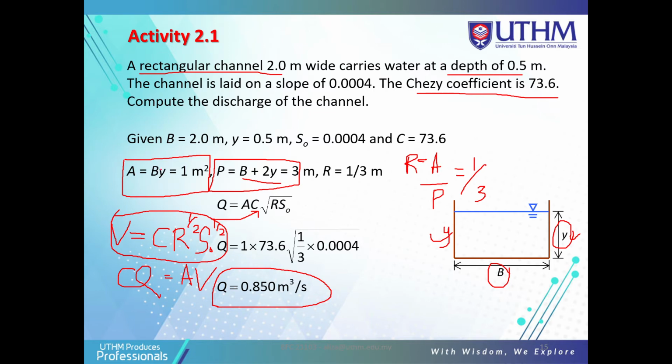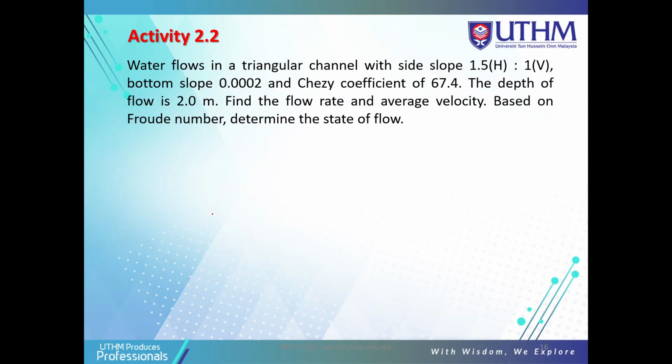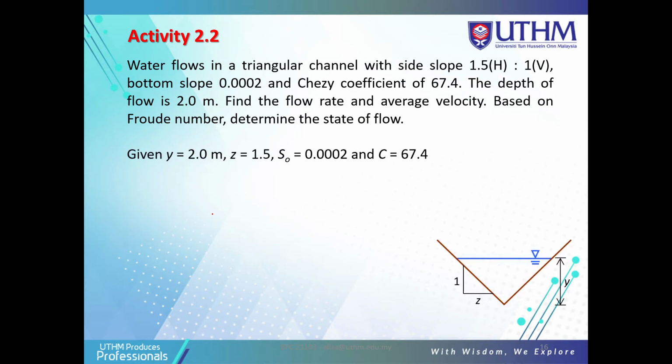We must get the area from the equation in chapter 1, and in chapter 2, we find the velocity and also the discharge. Okay, so we look at the next.